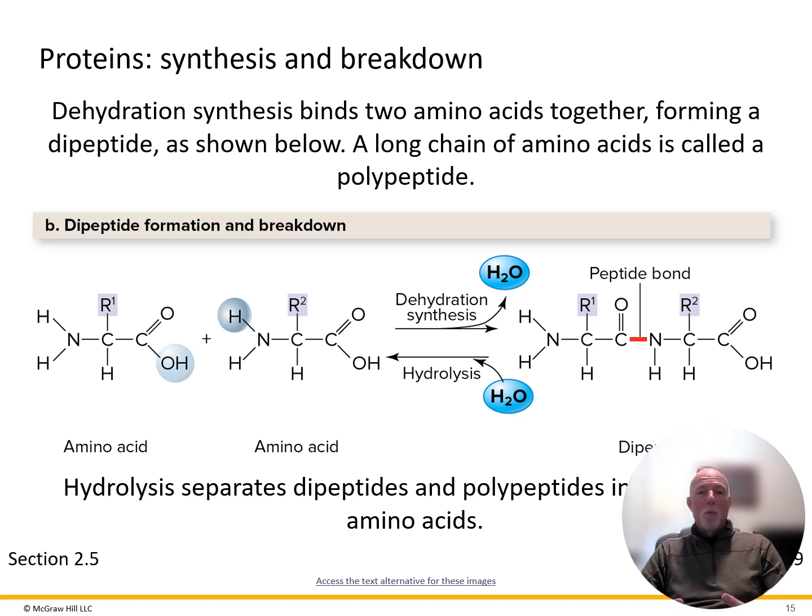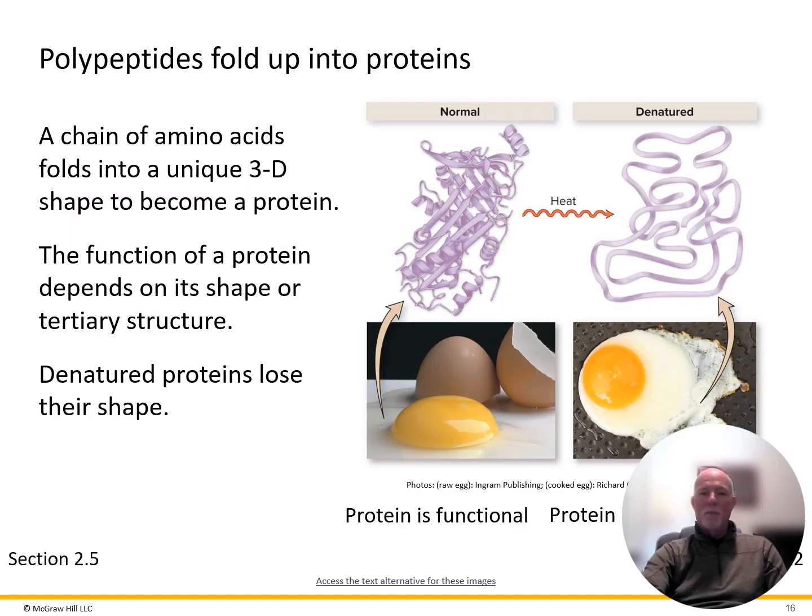So remember, we build proteins by joining amino acids together. We do that by removing water, what we call dehydration synthesis. How do we break down proteins? By adding water, or hydrolysis. We've mentioned this several times, but that's how your body makes proteins, and that's how you break down proteins digestively into their simpler forms.